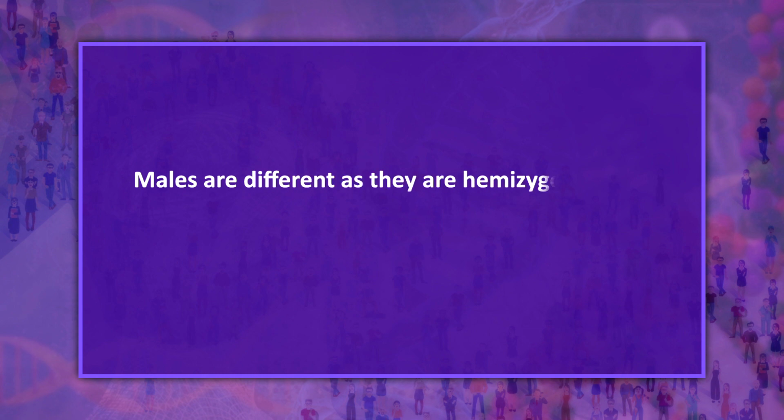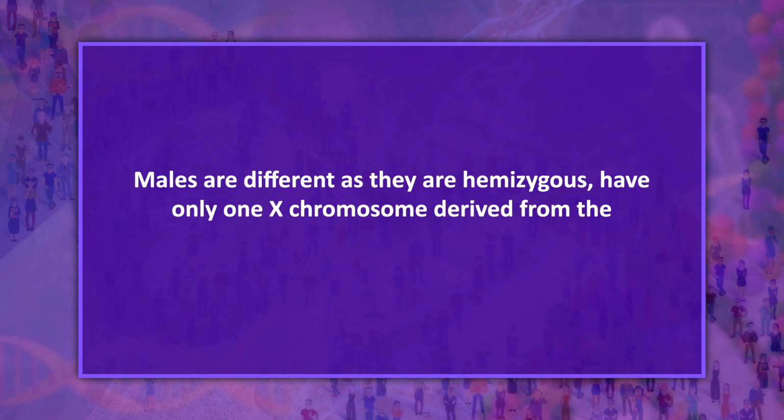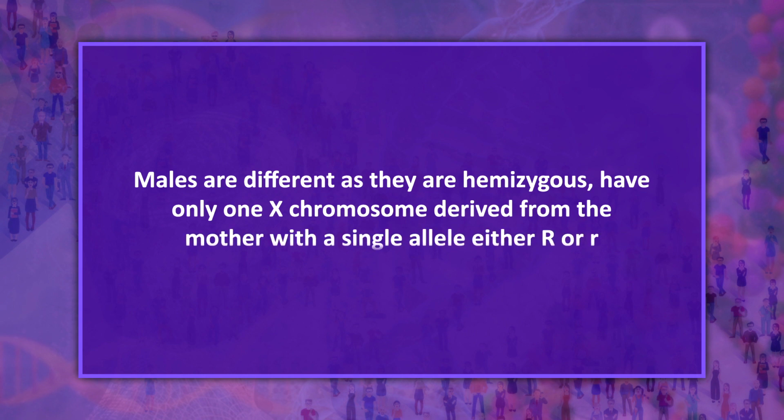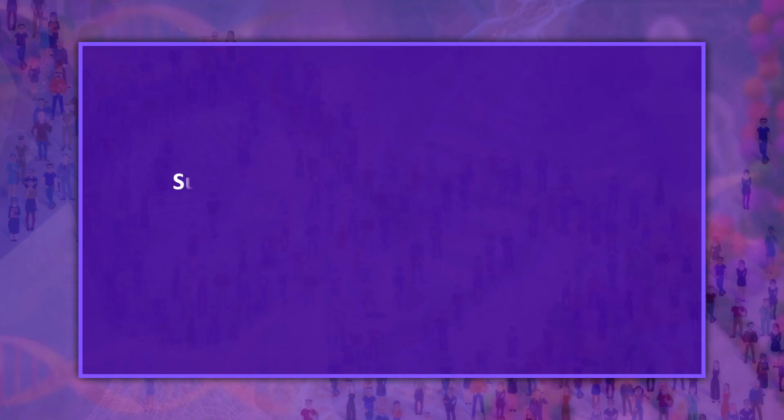Males are different as they are hemizygous, having only one X chromosome derived from the mother with a single allele, either capital R or small r. The frequency of affected small r males would be the same as the frequency of the small r allele among the X, that is q. The frequency of normal capital R males would be p.